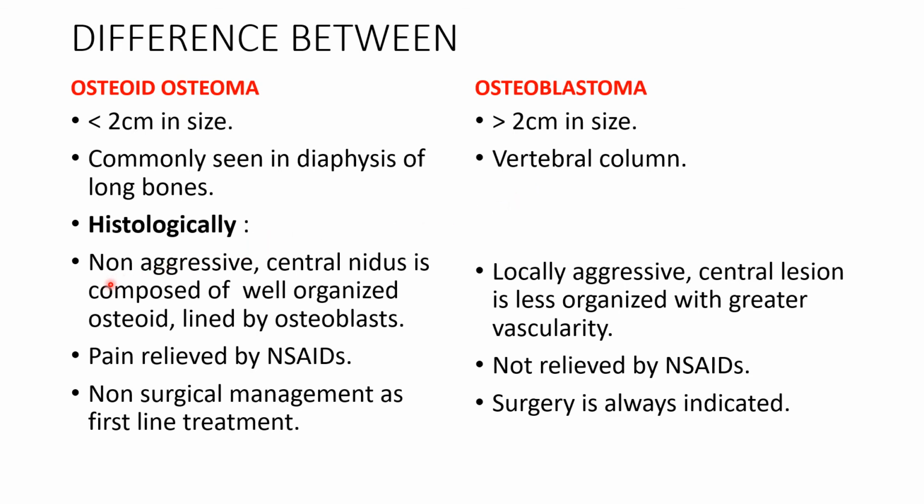Histologically, osteoid osteoma is non-aggressive and central nidus is composed of well-organized osteoid and it is lined by osteoblasts, whereas osteoblastoma is locally aggressive and central lesion or nidus is less organized with greater vascularity. Pain is usually relieved by non-steroidal anti-inflammatory drugs in osteoid osteoma. In osteoblastoma, it is not relieved. And the management of osteoid osteoma is usually non-surgical, whereas in osteoblastoma, surgery is always indicated as non-surgical management does not help.